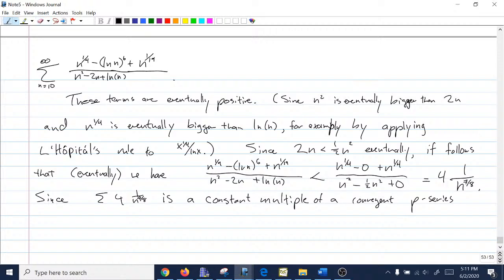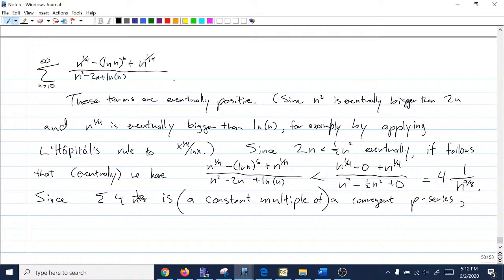I guess I won't put convergent in parentheses because it's important and worth stating. I might put "is a constant multiple of" in parentheses. This thing isn't quite a p-series, but it's basically a p-series, and everyone looks at that and says, "Ah, that's basically a p-series." So I don't want to say it is.